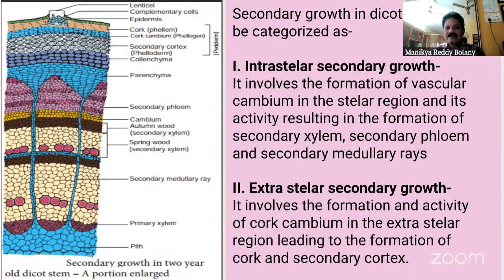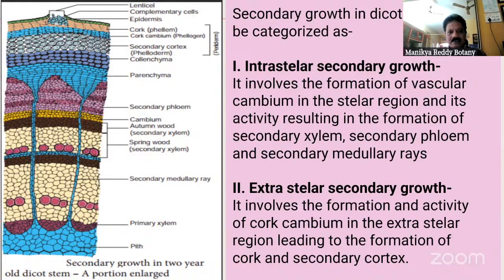Because of the increase in girth of the stele, the epidermis, which protects the primary stem, is ruptured. It has to be replaced with a secondary protecting layer called bark.